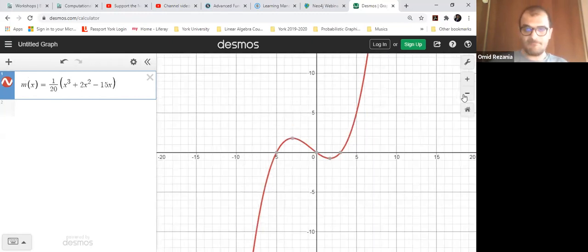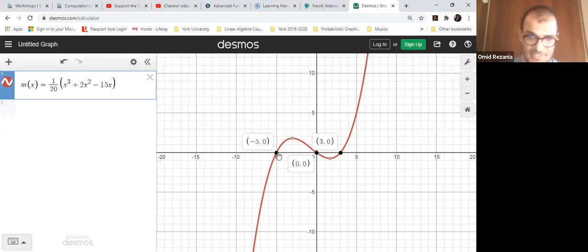Look at this. That's essentially the function we plotted. You see that we have 3 intercepts because that's a polynomial of degree 3. It means that we have 3 roots at these points, which is 3, the origin and the point -5.